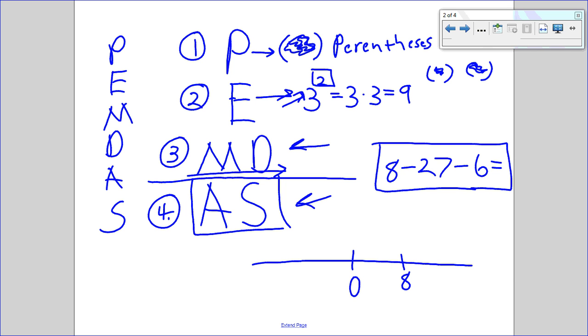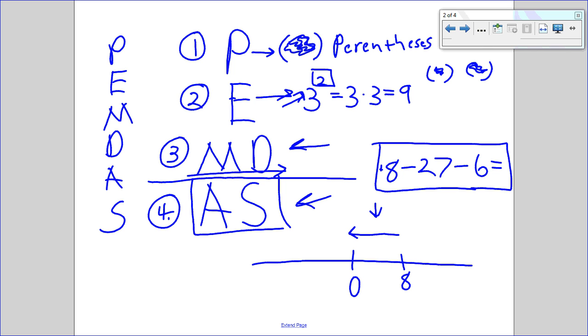Okay, we actually started at 0 and we added 8 because this is actually a positive 8. There's no sign, we know it's positive. So this is our starting point. Now we have to head 27 in this direction. Okay? Now if you think about it, if we're heading in this direction, 27, the length of our arrow right here is going to be 27.